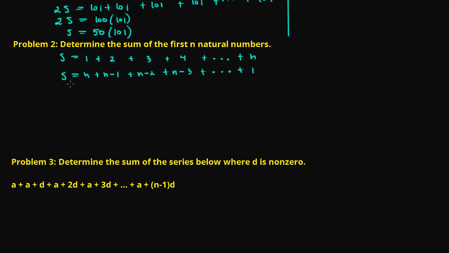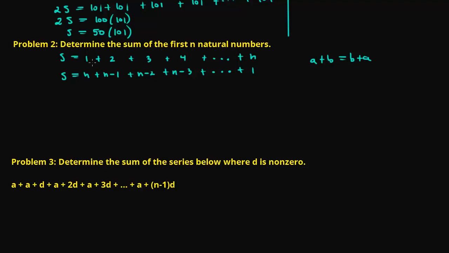And then S should also be equal to n plus n minus 1 plus n minus 2 all the way down to 1. We can do that because addition is commutative. The commutative property says that a plus b is equal to b plus a, and that's the commutative property for addition.